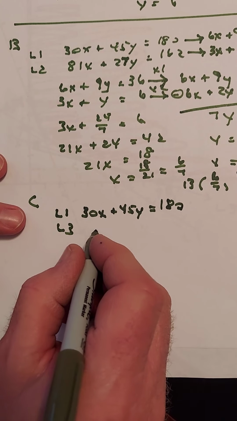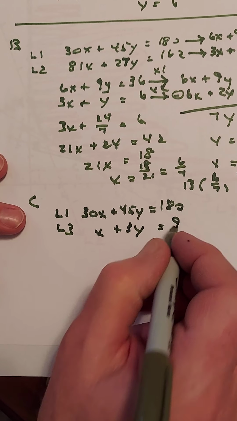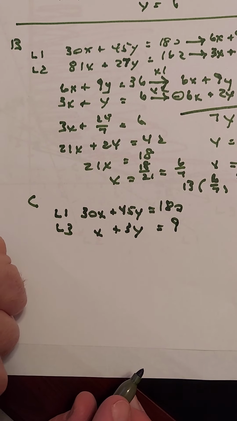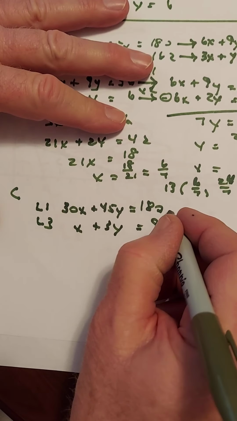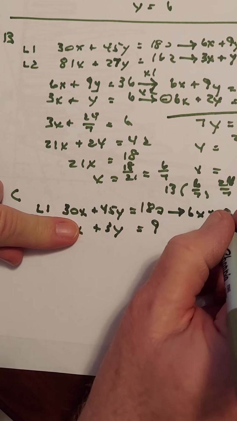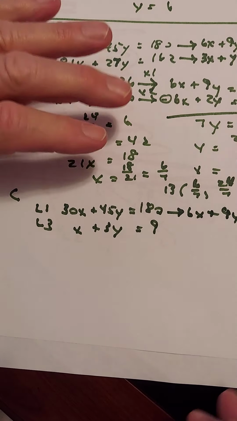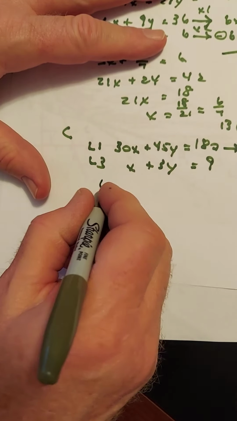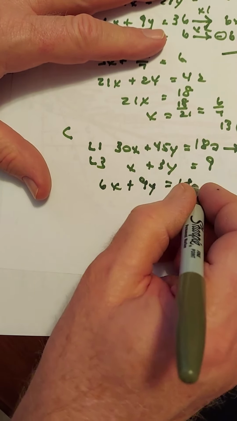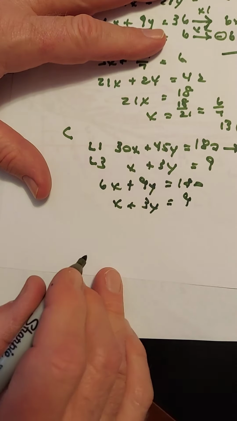And L3 was x plus 3y equals 9. Oh, let's see. At one point, I changed that up there. I took 5 out of all that, made that 6x plus 9y equals 180. That makes my numbers a little bit better. Okay, let's go with that. So I got 6x plus 9y equals 180. And I've got x plus 3y equals 9.